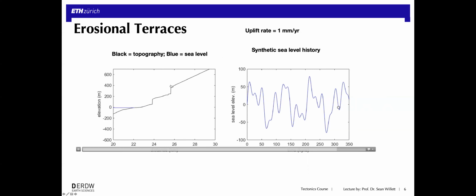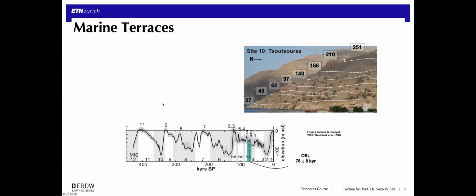So if we can take this sort of a morphology, we can begin to interpret that in terms of these sorts of highs and lows in sea level and some kind of a tectonic uplift rate. But we have to keep in mind that this is not an accurate representation of every single feature in the sea level that may have happened.